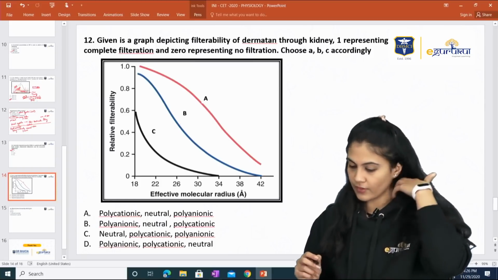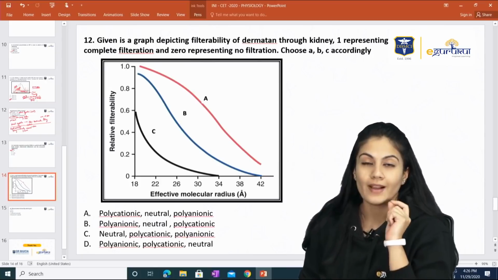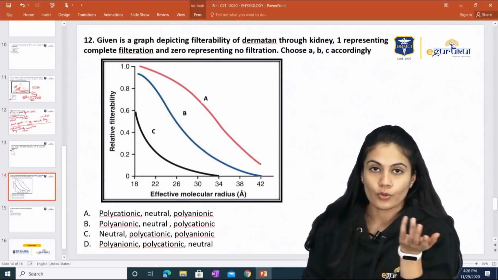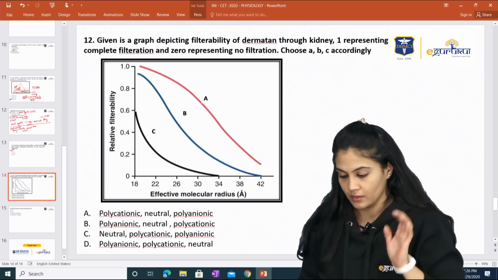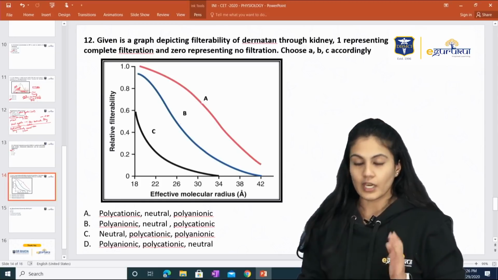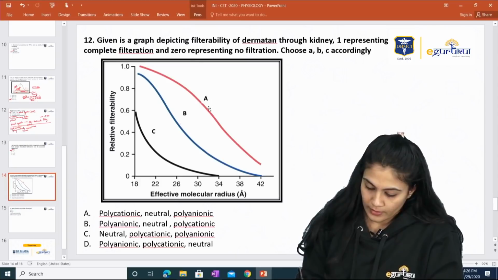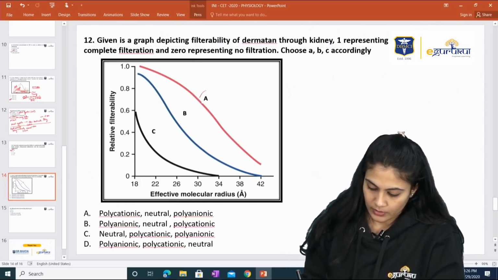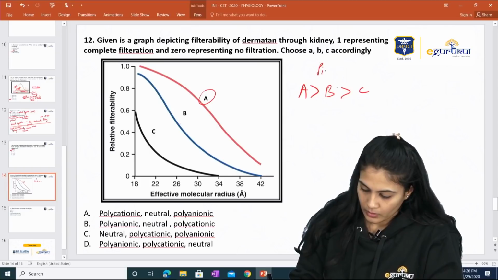Okay, the graph is given and they ask about the filterability. If you know the fact about sialoproteins, it is very easy to understand this graph, right? The filterability is given. A is more filterable than B than C. This is first thing first.